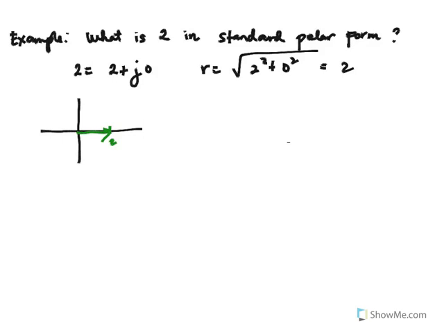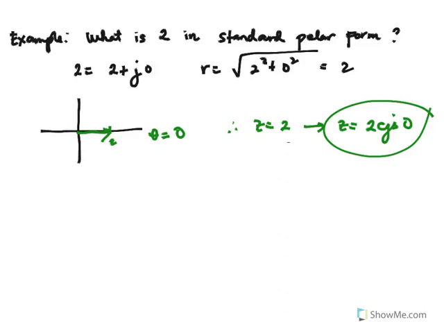Okay? Horizontal, along the positive x-axis. At ano yung angle niyan? Hindi natin kailangan isolve kasi obviously this one has theta equal to 0, 0 degrees or 0 rad. So therefore, z equals 2 in standard polar form is z equals 2 CJS 0.